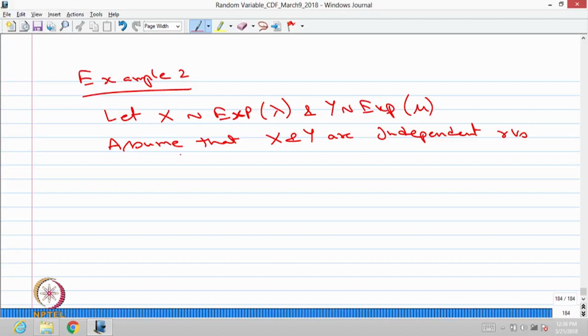We have two exponentially distributed random variables with the parameters lambda and mu respectively.